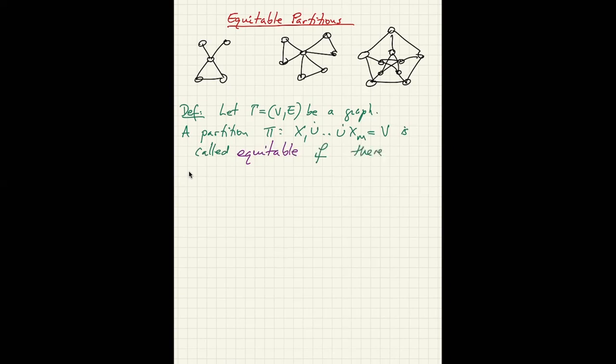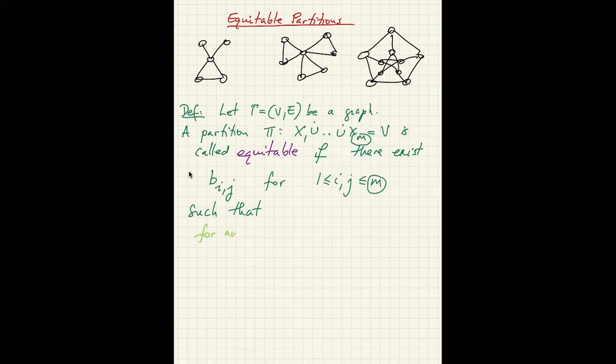There exist some numbers bij for i and j between 1 and m. The m is the m from here, the number of parts, such that the condition is the following.